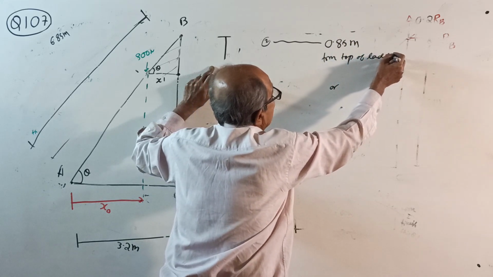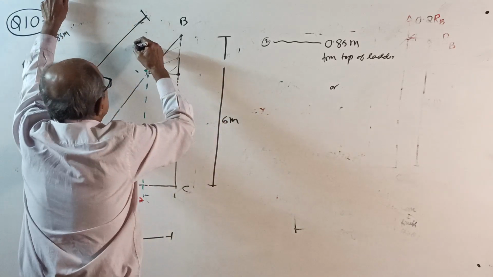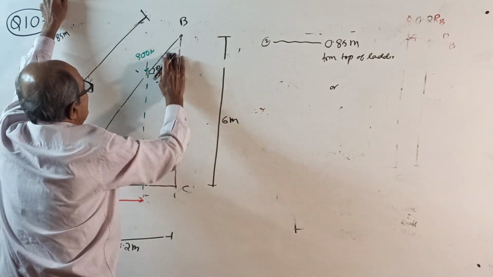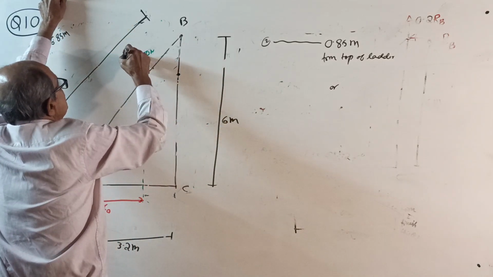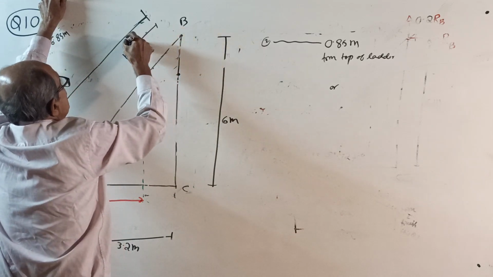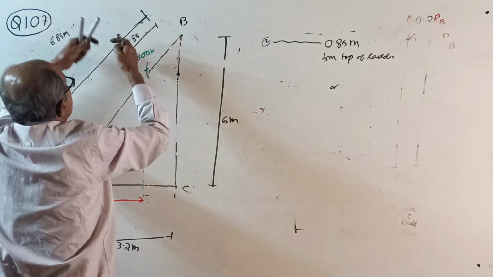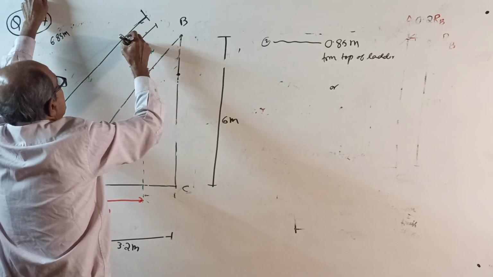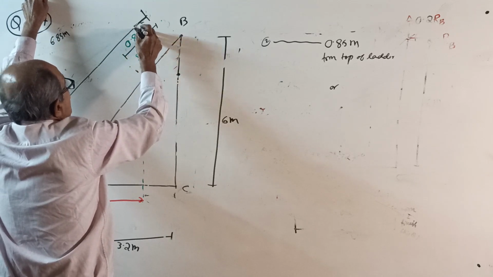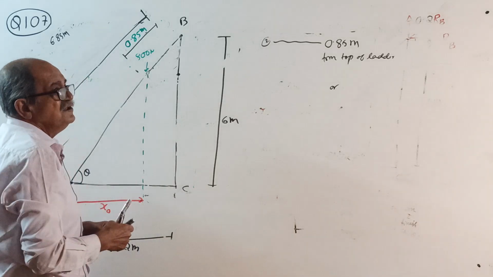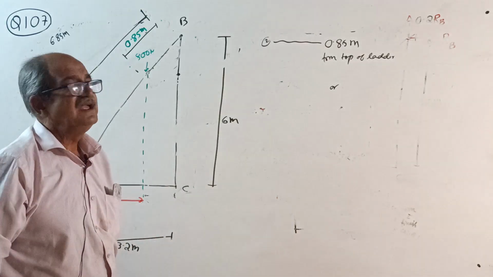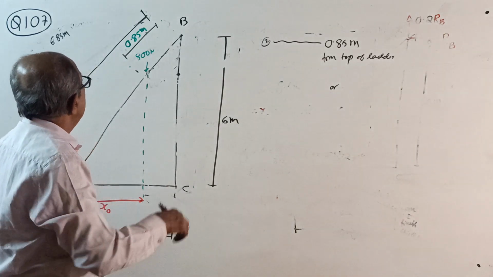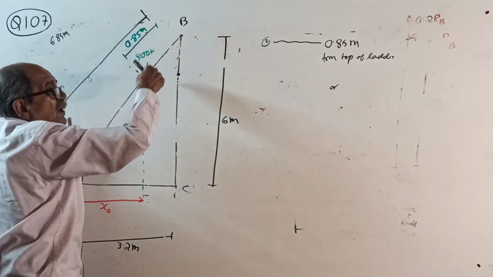If it is not given, understand that he is telling you this distance, 0.85. Or just to avoid your confusion, he may tell 0.85 meter from top along the ladder.